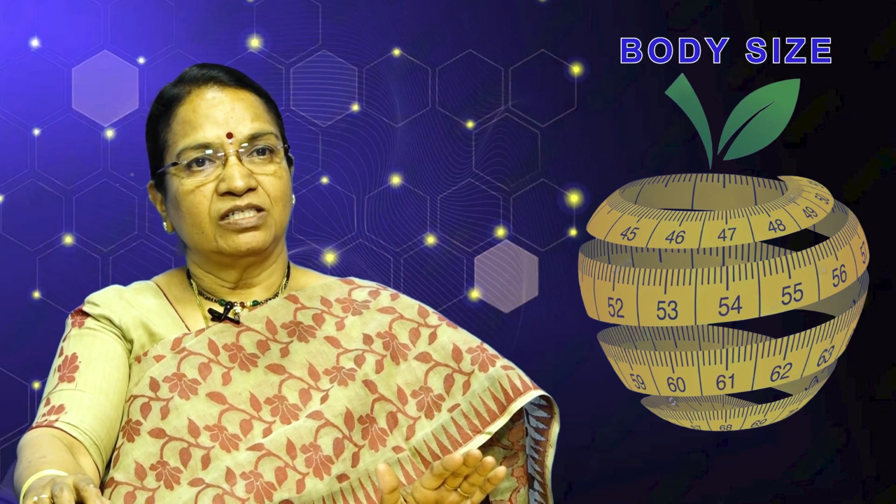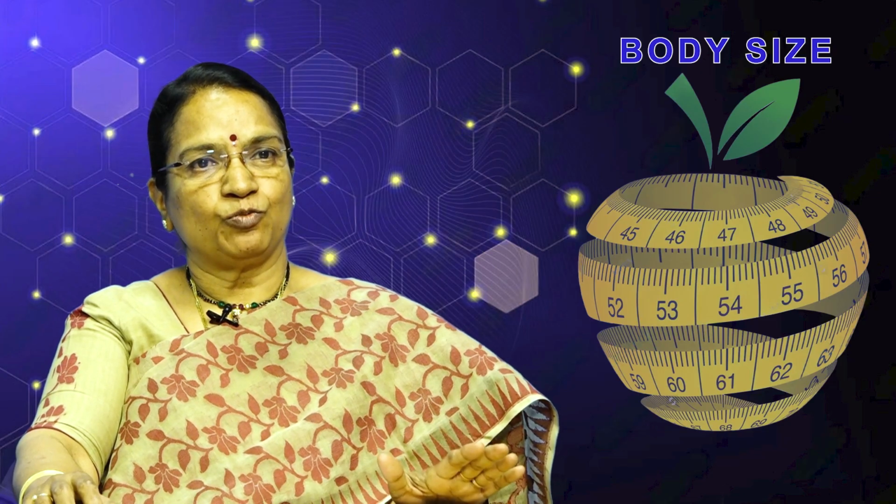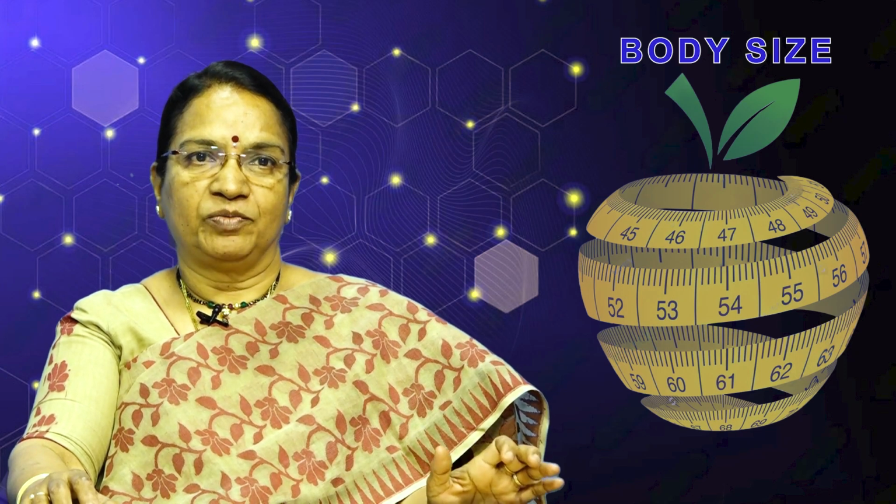Normal weight pregnant women whose BMI lies between 18.5 and 24.9 kg per meter square can gain 11.5 to 16 kg during pregnancy, an overweight individual with a BMI of 25 to 29.9 kg per meter square should gain 7 to 11.5 kg, and obese women above 30 kg per meter square can gain 5 to 9 kg in the whole pregnancy.